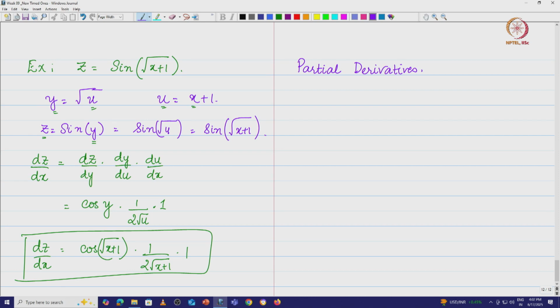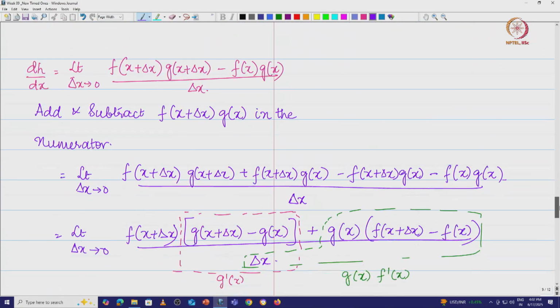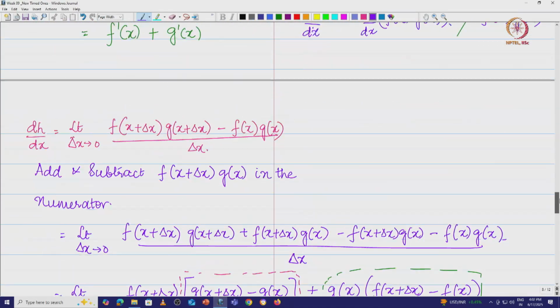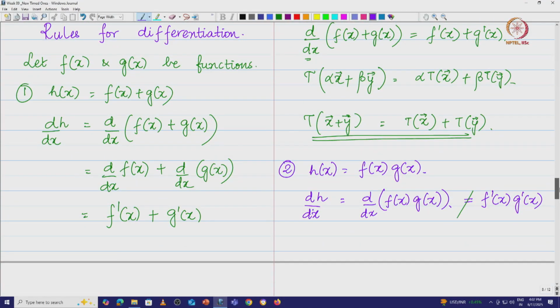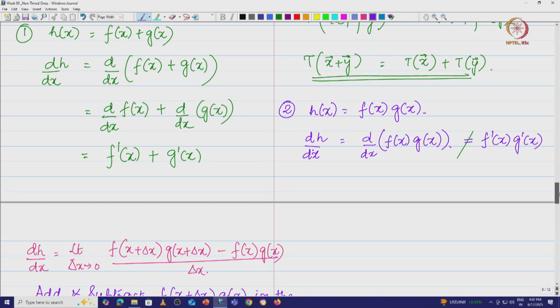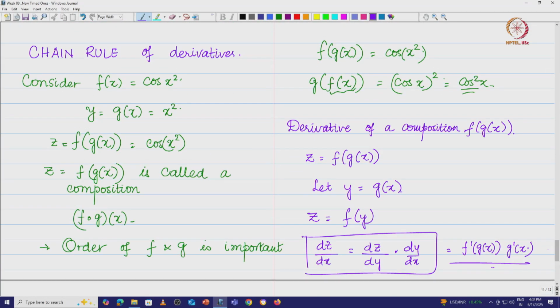In this class, we looked at an example of Taylor series, where we looked at the Taylor series expansion for the function e power i x, and then we looked at the rules for differentiation: the sum rule, product, and then quotient. The most important thing that we saw was that the derivative of a sum is equal to the sum of derivatives, whereas the derivative of a product is not equal to the product of derivatives.